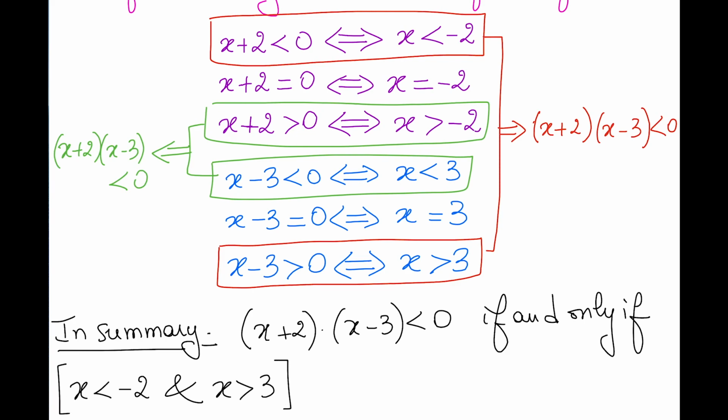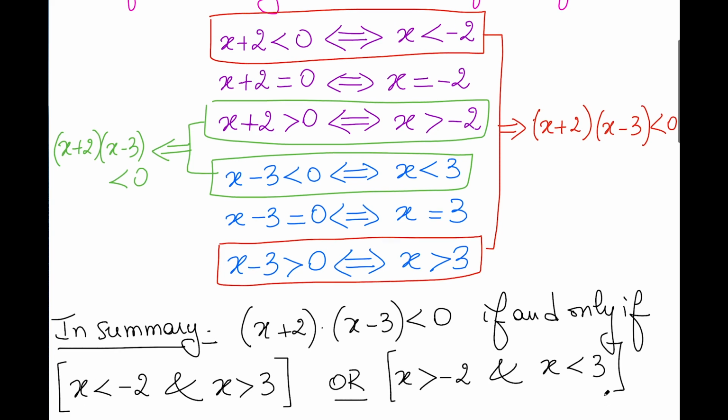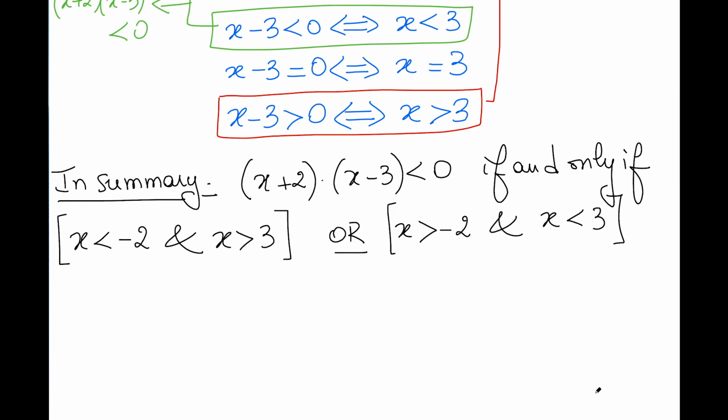Or the other statement, the green statement, when x + 2 is positive, which means x is greater than negative 2, and x is smaller than 3. Correct? So if one of these two statements holds, then the product is guaranteed to be negative, and this is an if and only if statement.